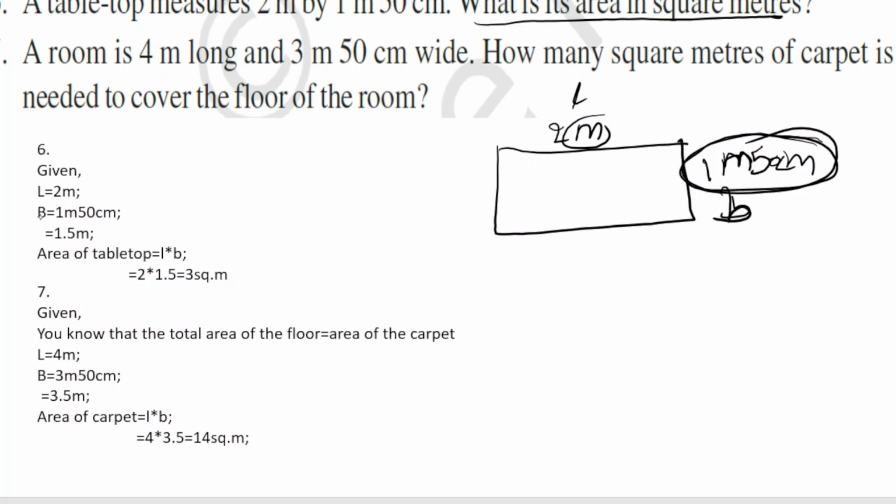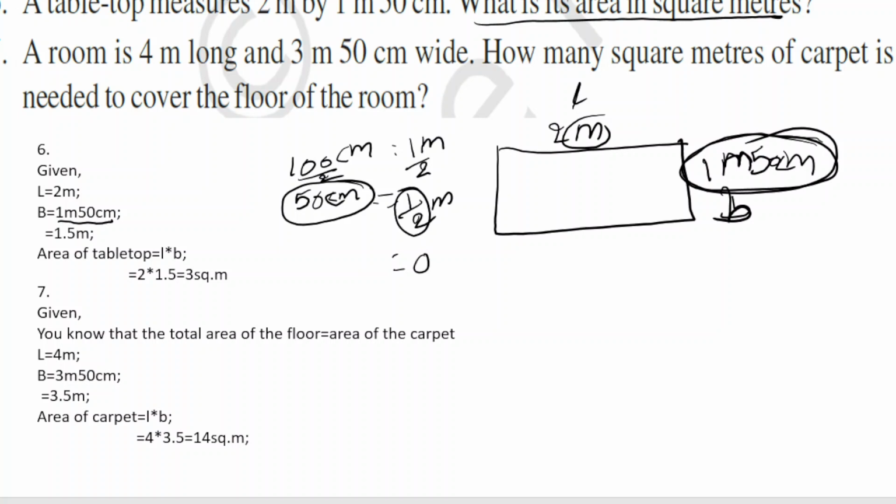Children, you know that here breadth is 1 meter 50 centimeters. Let's convert this 50 centimeters into meters. So you know that 100 centimeters is equal to 1 meter, but we need 50 centimeters. So this 50 centimeters is nothing but 1 by 2 meters. That is equal to 0.5 meters.